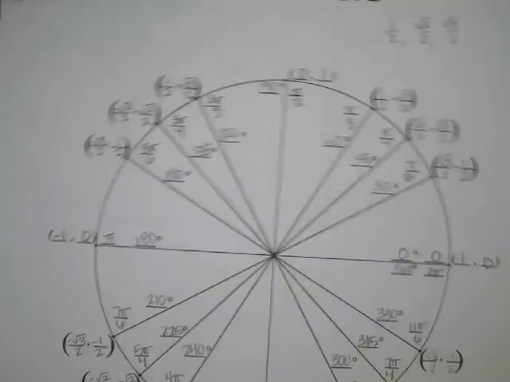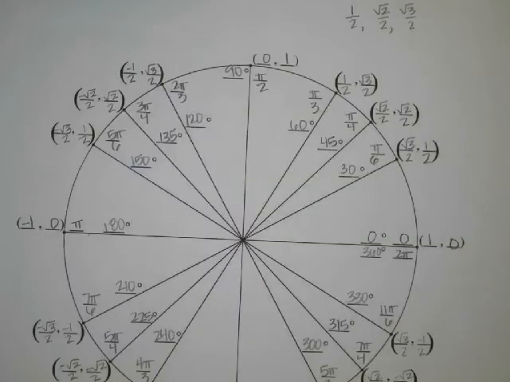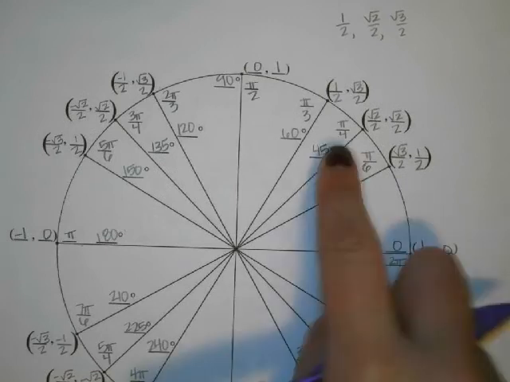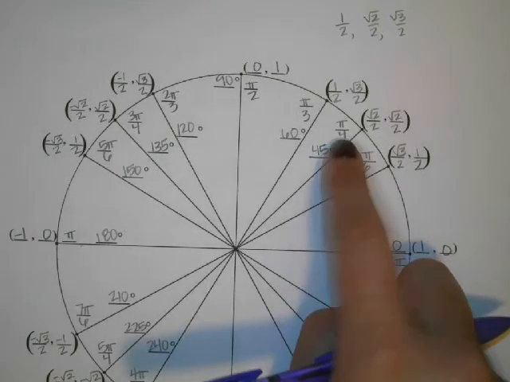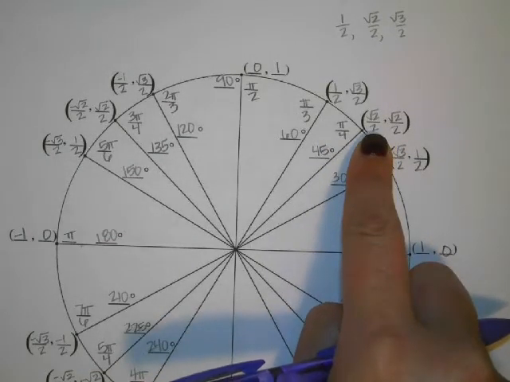It's kind of typed out in your summer assignment, but just to make sure we understand how evaluating trig functions using the unit circle works, if I wanted to know what cos of pi fourths was, I would locate pi fourths, and then cos would be the x-coordinate, so it's root 2 over 2.